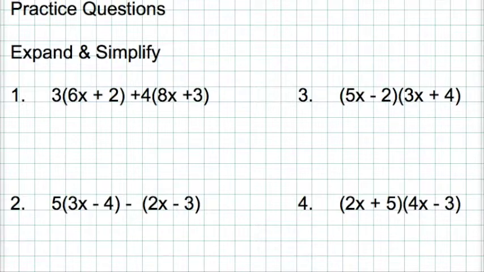Okay, question 1. We've got two sets of single brackets that we need to multiply out. So if we start off, we're going to start by timesing 3 by the 6x. 3 times 6x gives us 18x. And then 3 times the 2 gives us 6.